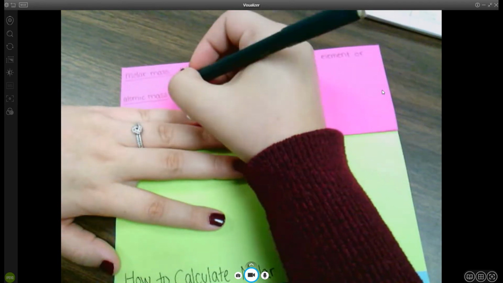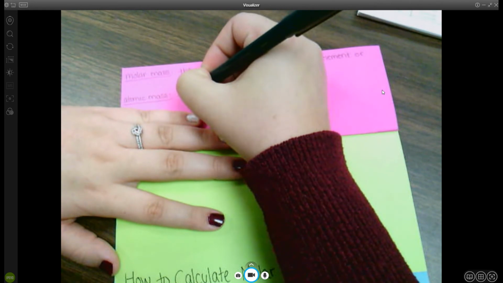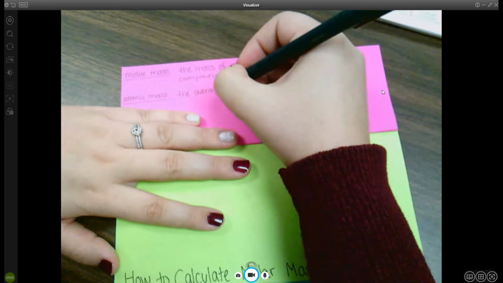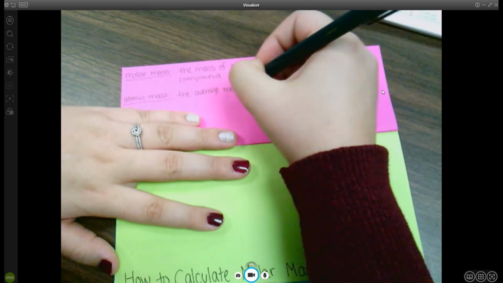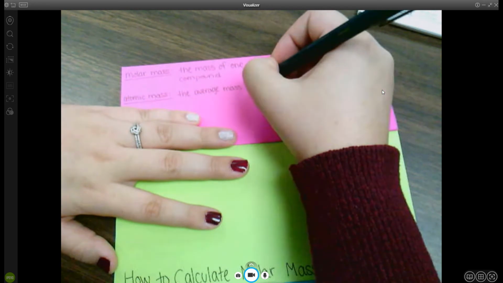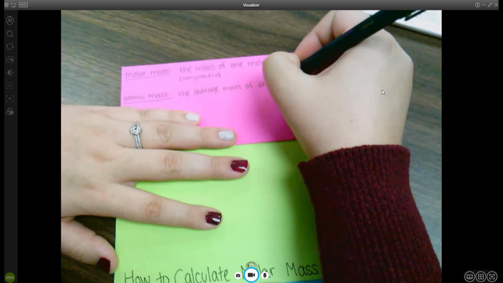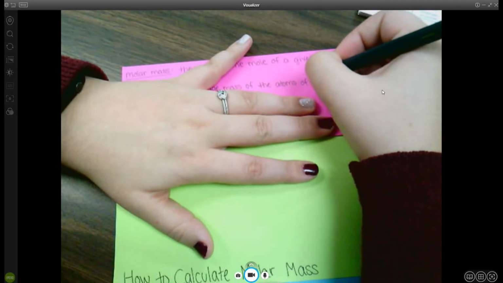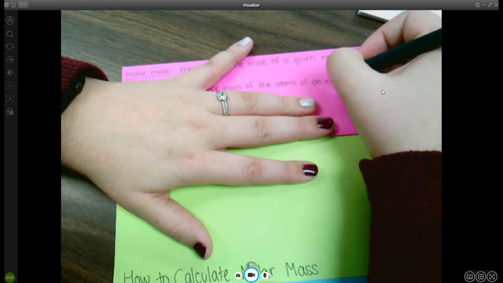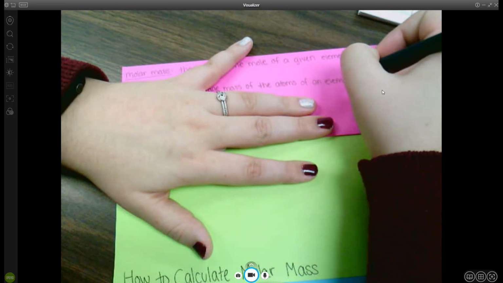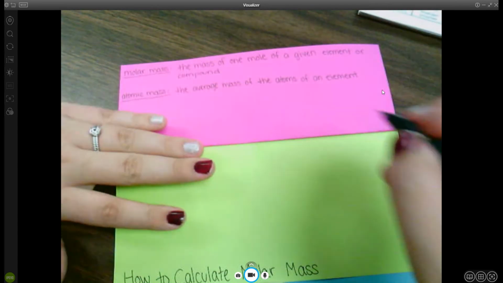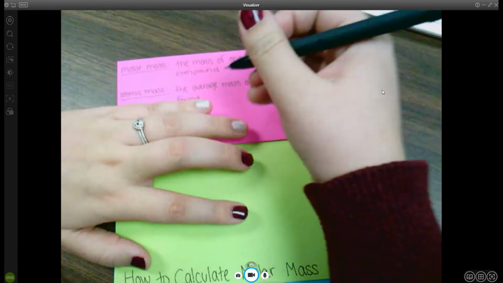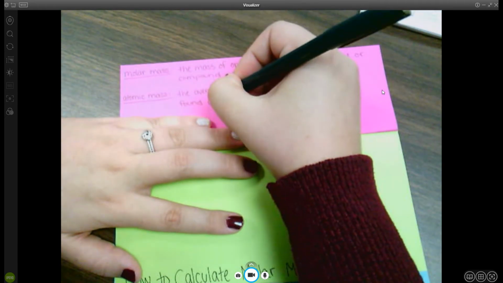And this is the average mass of the atoms of an element found on the periodic table.